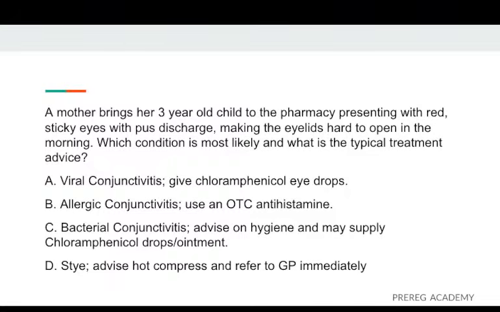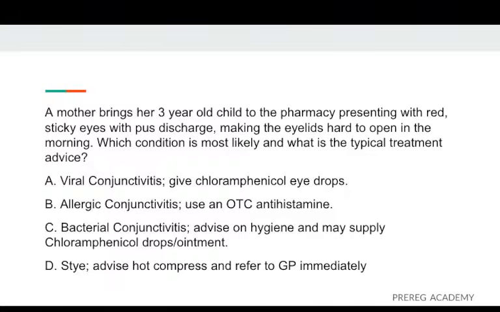Yeah, viral conjunctivitis usually starts in one eye. And with viral conjunctivitis, it's self-limiting. No need to treat, just encourage eyelid hygiene and all of that.